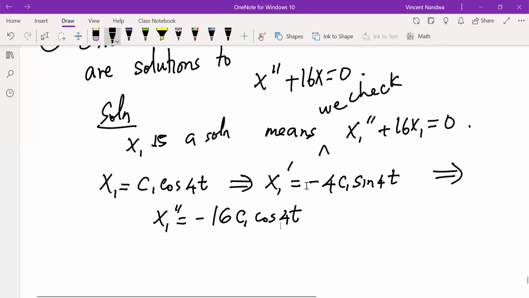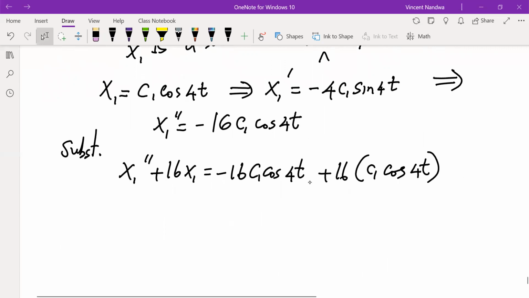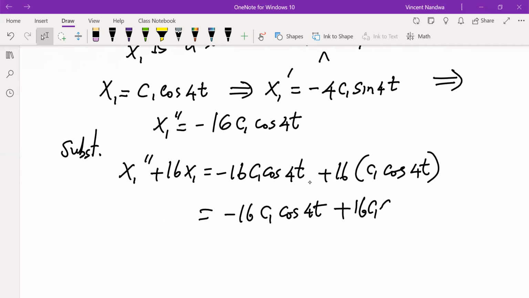So substituting, x1 double prime plus 16x1 will be negative 16 c1 cos 4t plus 16 into x1, which is c1 cos 4t, which will be negative 16 c1 cos 4t plus 16 c1 cos 4t, and clearly this is 0.